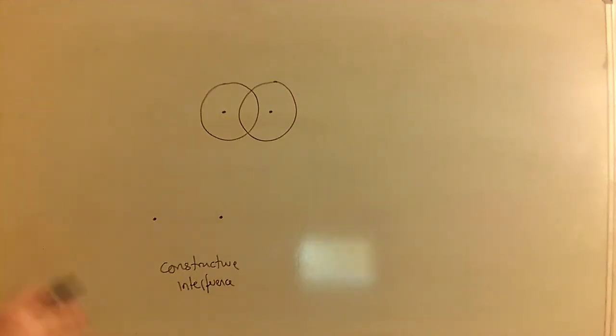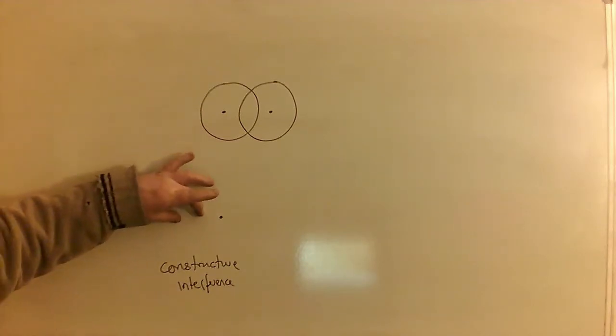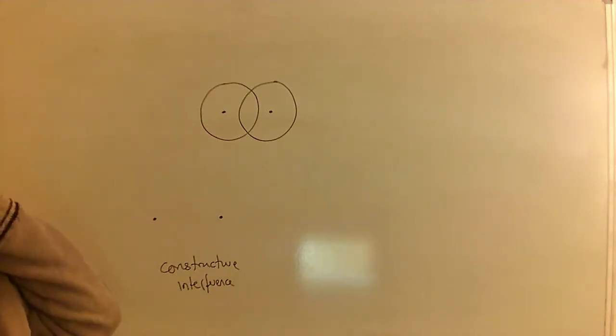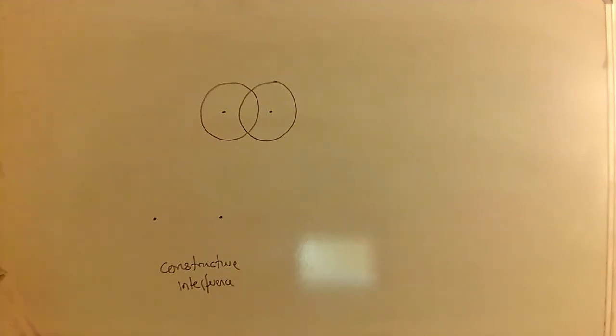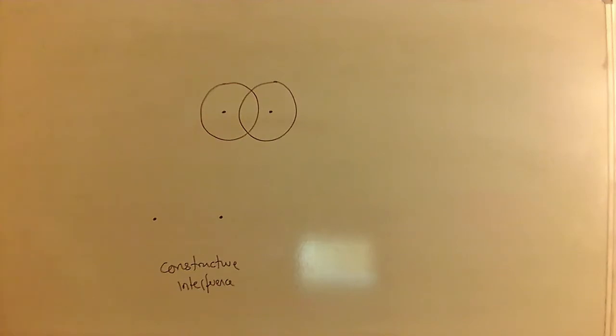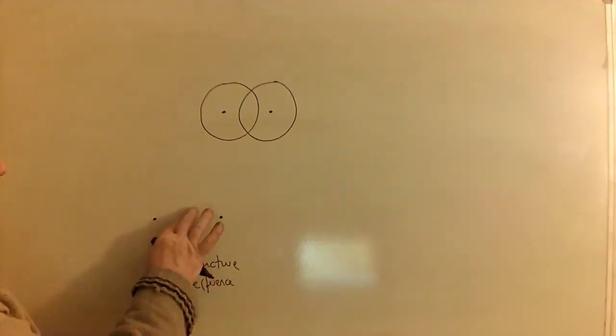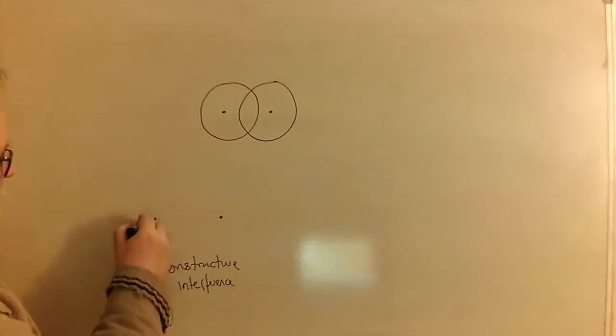In other words, the size of the oscillation in the wave is greater in the region of overlap than it is elsewhere. And if you remember last time, we said that when we're interpreting electron waves, it's that amplitude of the oscillation which is a measure of the probability of the electron being found at that position. So in effect, by saying that there's constructive interference in the middle there, we're saying that the electron density is not evenly spread around the molecule, but that it's particularly high in that region in the middle.